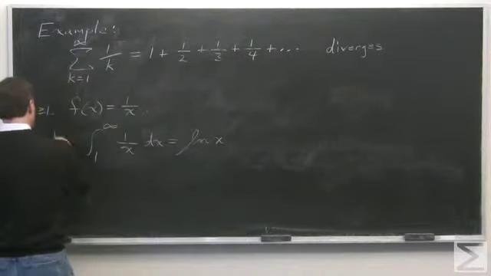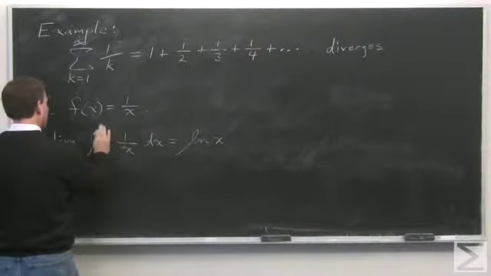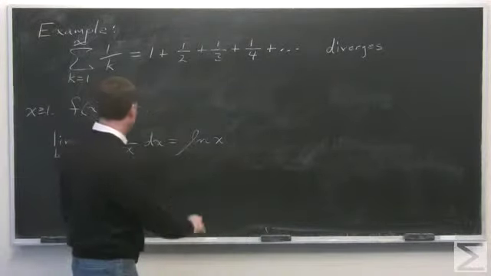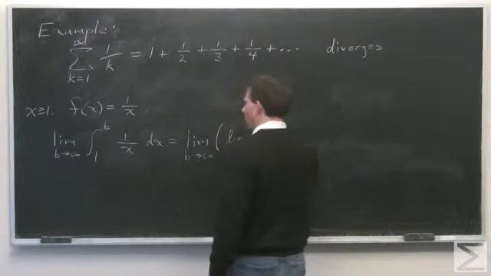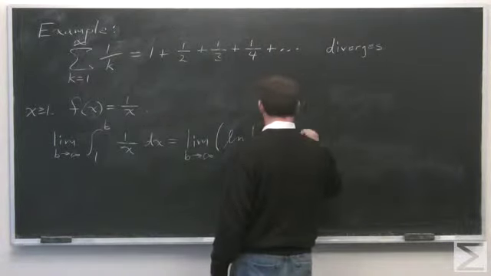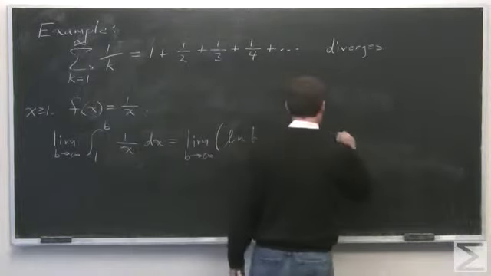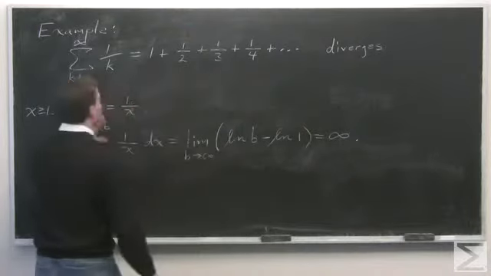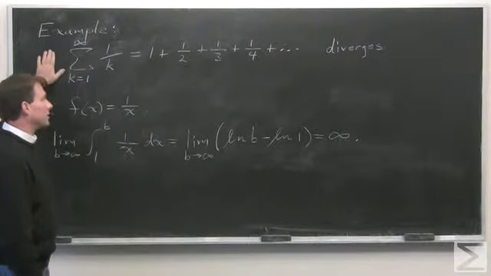What does this infinite integral mean? It's an improper integral. It really means the limit as b approaches infinity of this. So this is the limit as b approaches infinity of the natural log of b minus the natural log of 1. Of course, the natural log of 1 is 0. And as b goes to infinity, the natural log of b goes to infinity. So this integral diverges, and the integral test then tells us that this infinite series diverges.